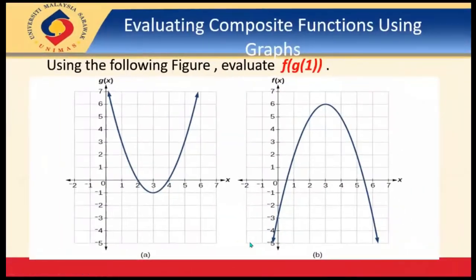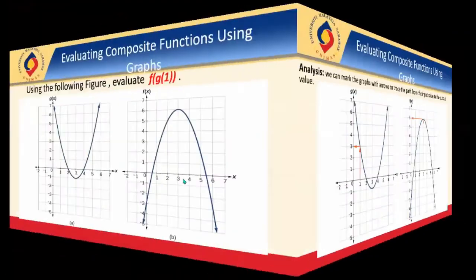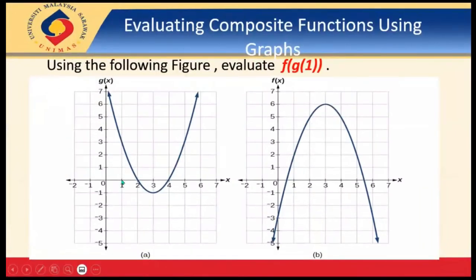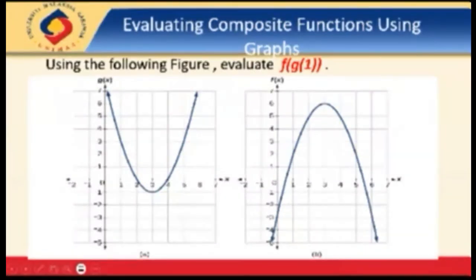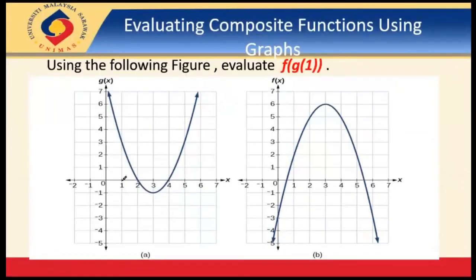We can apply the composite functions like this because we have the values of the functions. If you have a value of the function, like g of x is 1, let me take this, then it is equal to almost 3, right?